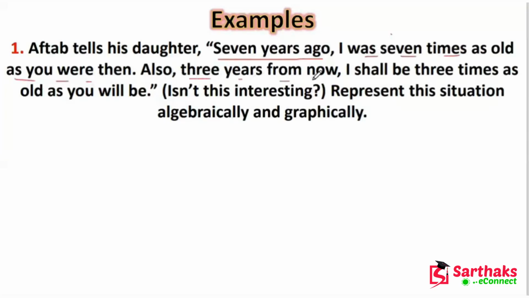Also, 3 years from now, I shall be 3 times as old as you will be. Isn't this interesting? So represent this situation algebraically and graphically. We have to represent this situation both algebraically and graphically.